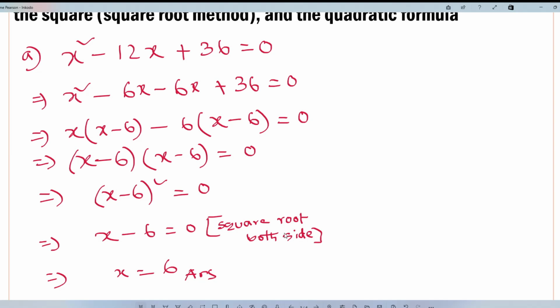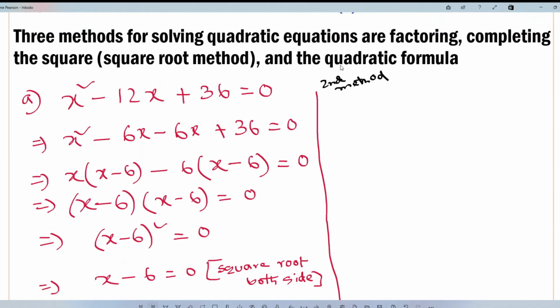So it's not tough, but look, another method we can do, second method. Here we will follow the quadratic formula. We know ax square plus bx plus c equals 0.